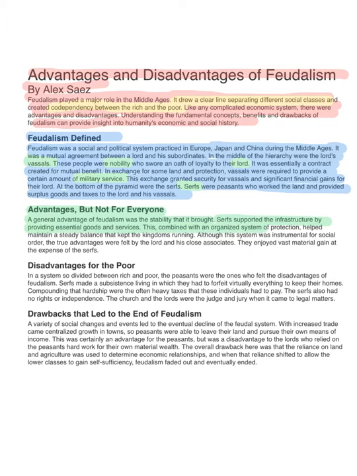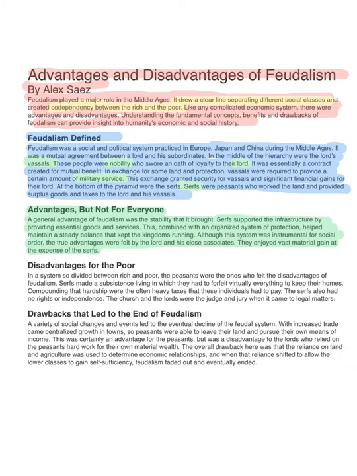This, combined with an organized system of protection, helped to maintain a steady balance that kept the kingdom running. Although the system was instrumental for societal order, the true advantages were felt by the lord and his close associates. They enjoyed vast material gain at the expense of the serfs.